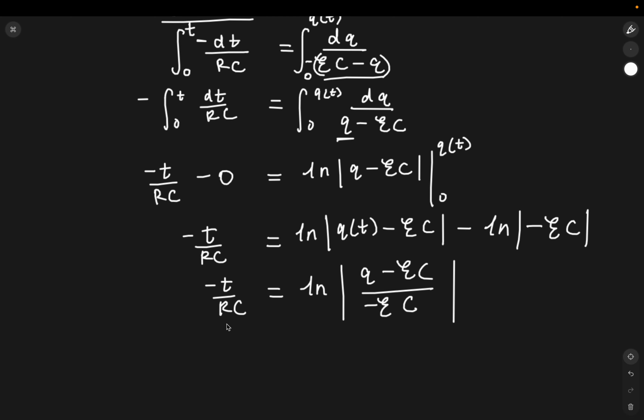So this is what that looks like. ln is just log base e of something. That's what ln means, just a refresher. So we're going to raise e to the negative t over RC. That's going to be equal to everything in here.